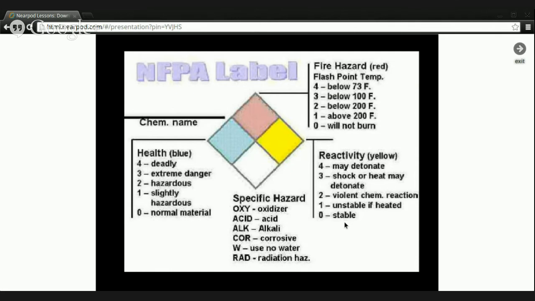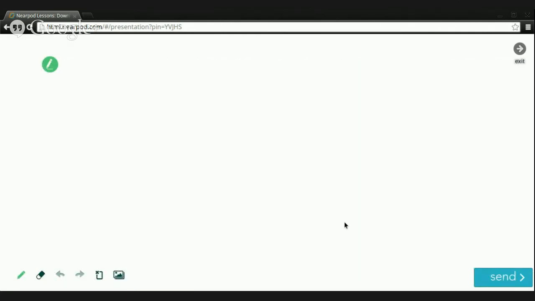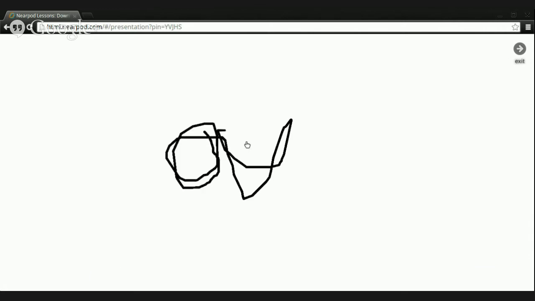So now on this next screen here, you are going to draw the NFPA diagram for this chemical. It tells you at the top of your screen, the chemical is very reactive. It has low flammability. It is moderately toxic. And it is very corrosive.